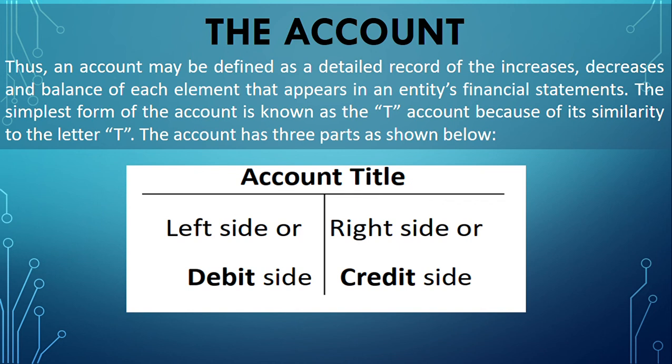Para malaman ninyo ano ba yung typical na balance ng asset, liabilities, equity accounts, at saka yung tinatawag nating income accounts, revenue, the service or sales revenue, expenses. Yan. Ano yung mga normal balances nila? Sila ba ay nasa debit or nasa credit? Pag nadagdagan, nabawasan yung asset, saan siya ilalagay? Sa debit or credit? So, those will be discussed in the next video that I will upload.